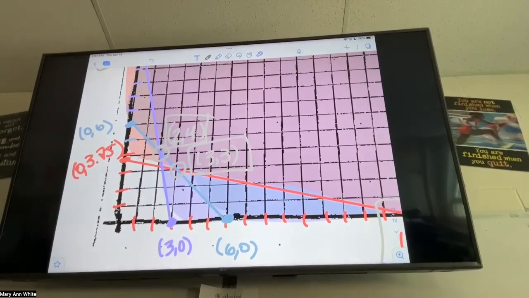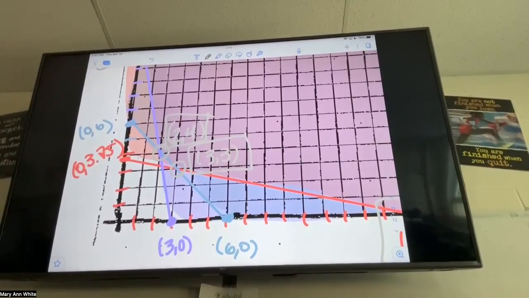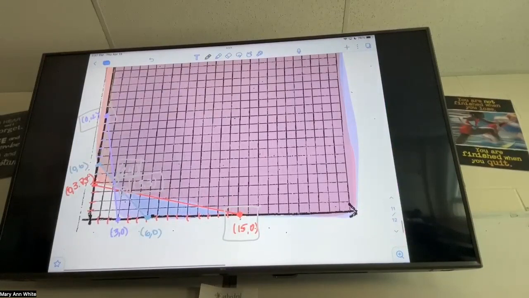Once we find all of these points that are possible, we're going to plug them in and see which one of them minimizes, which one gives us the smallest amount per cost. So you need to plug in 0, 12, 15, 0, 3, 3, and 2, 4.